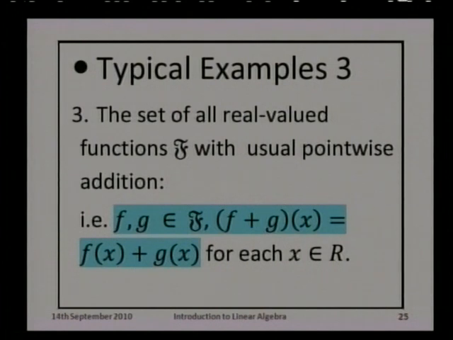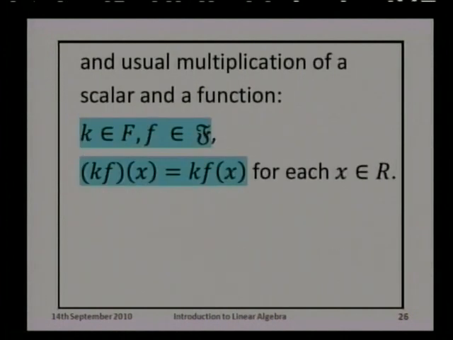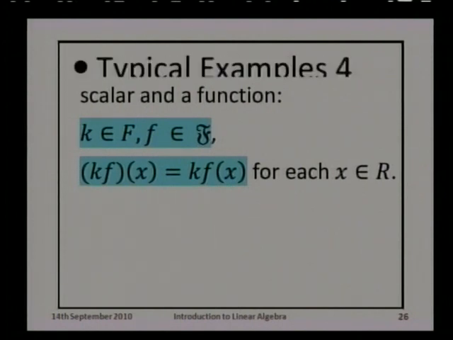The scalar multiplication is defined as follows: for k a scalar and f a function, kf is the function defined by (kf)(x) equals k times f(x). So with these two basic operations, it can be easily verified that this is also a vector space.